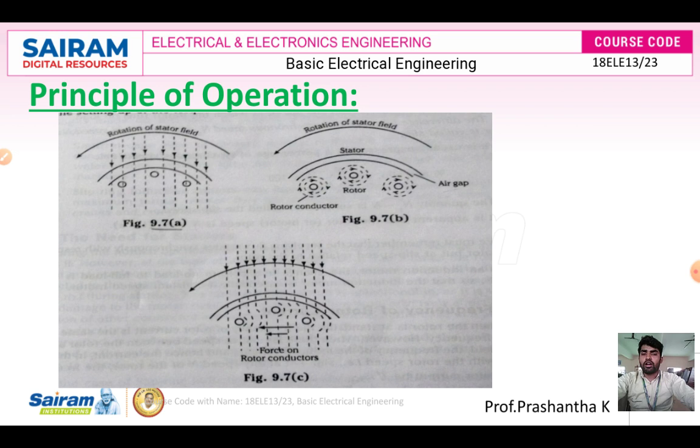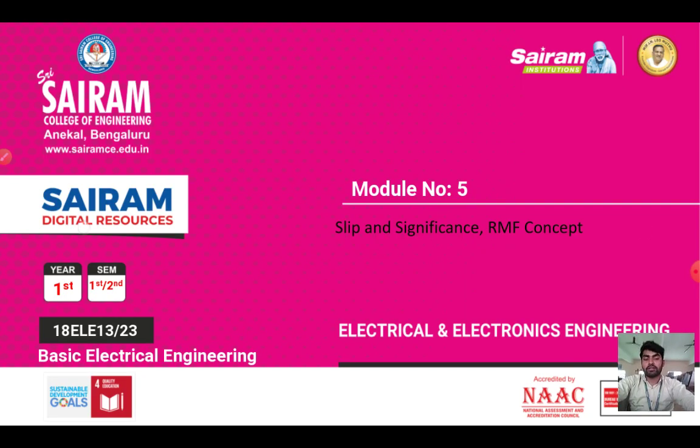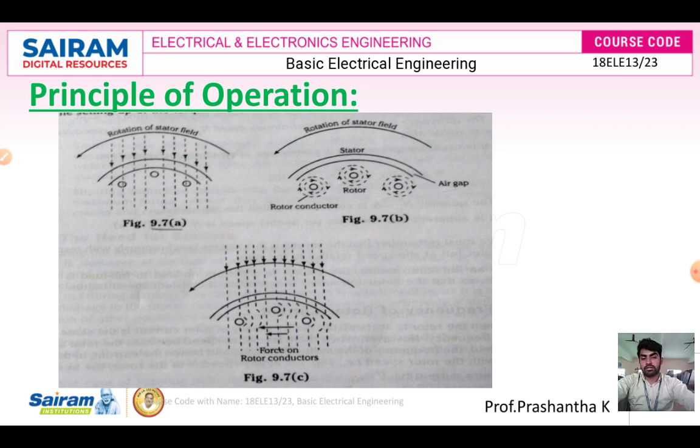Next, the principle and operation of induction motor. For the first figure, only the rotating magnetic field is present, and conductors are present, but there is no flux cut. We are just keeping a rotor bar conductor, just to consider. And the rotating magnetic field is rotating like this. When the bar conductor crosses the magnetic field, it induces EMF in the bar conductor, and that creates a circular magnetic field, right?